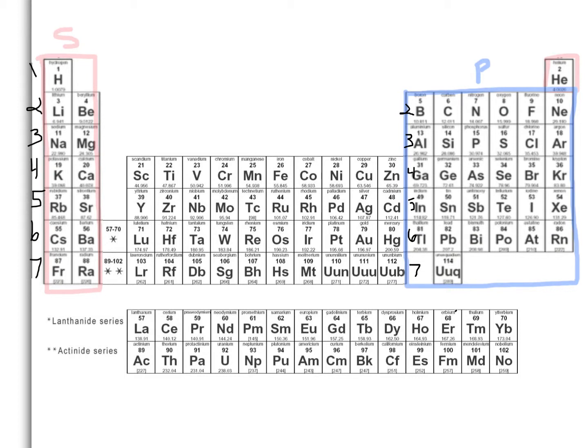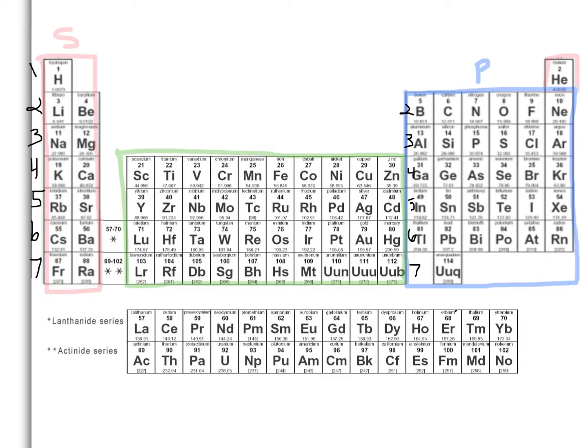Now my next neighborhood is one of the wonky ones. It's our D block. So highlight the entire D block. Our streets are named one off in the D block.